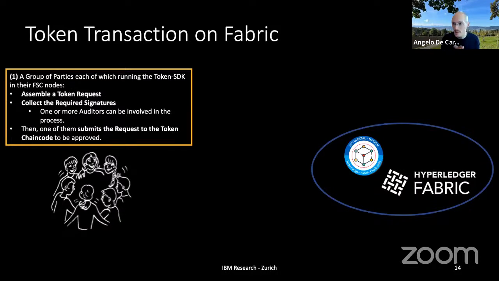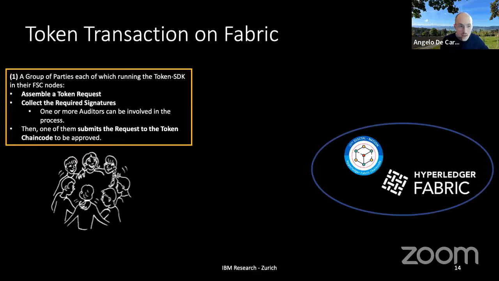The first step is for these business parties to start communicating and assemble the token request. I gave you an example of a swap before, but it can really be anything. You will see with the API, it's up to the developer to decide the particular business flow. Then the business parties also have to collect all the required signatures. These are the signatures of the business parties, but there can also be one or more signatures from an auditor that must see the transaction before it can be submitted to the ledger, and so on.